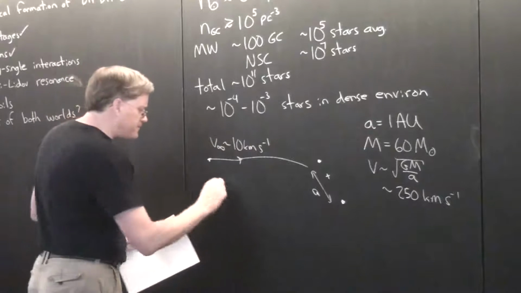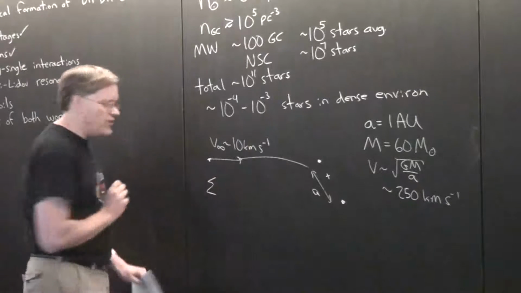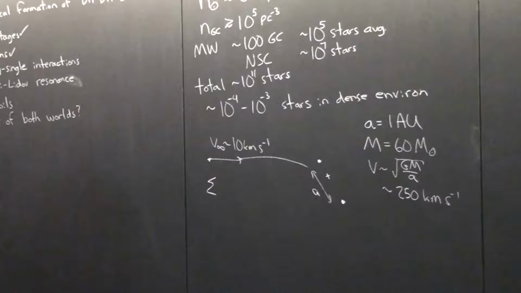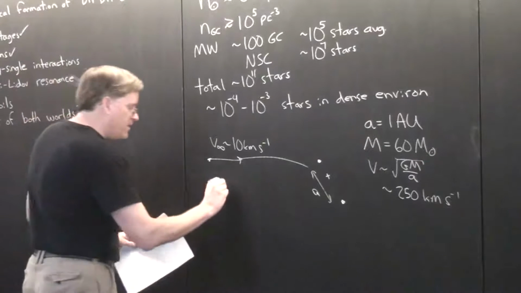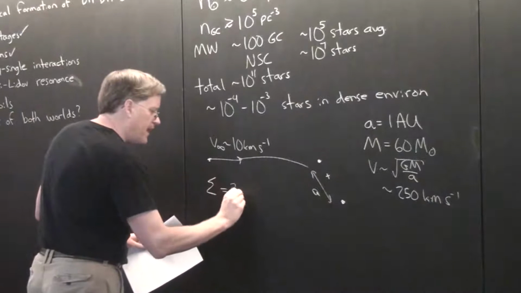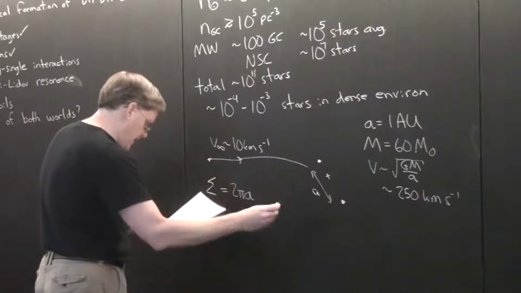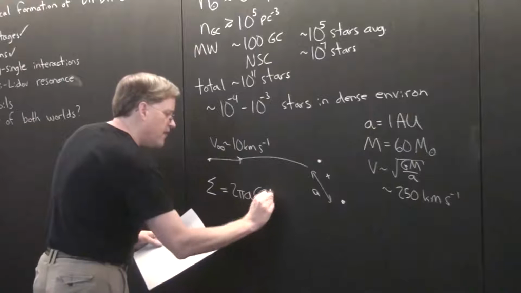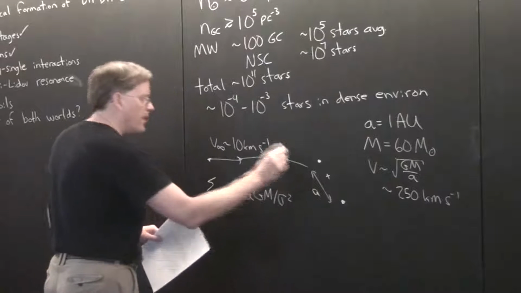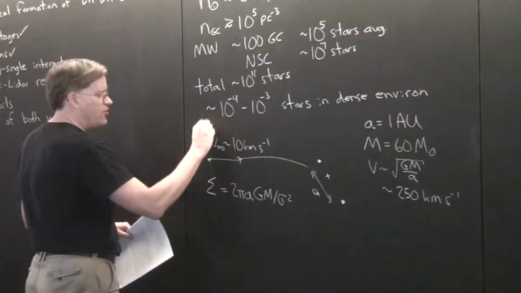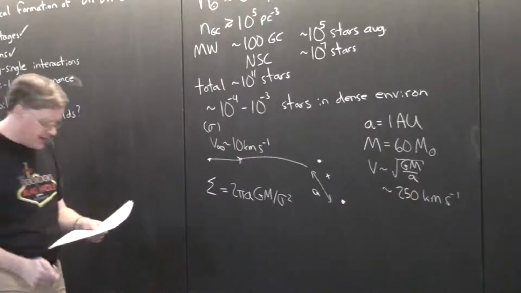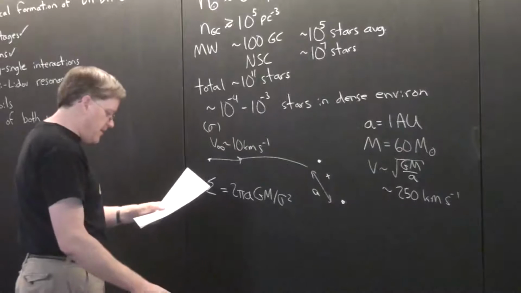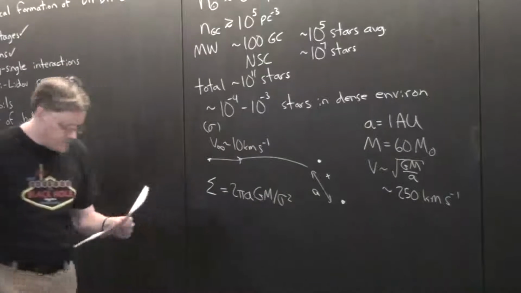And in that limit, the cross-section, which I will write with a capital sigma, because lowercase sigma is usually reserved for velocity dispersion, is then going to be 2 pi times A times GM divided by sigma squared, where sigma is the velocity dispersion, so this is kind of comparable with the speed at infinity. And this gives you a particular value.